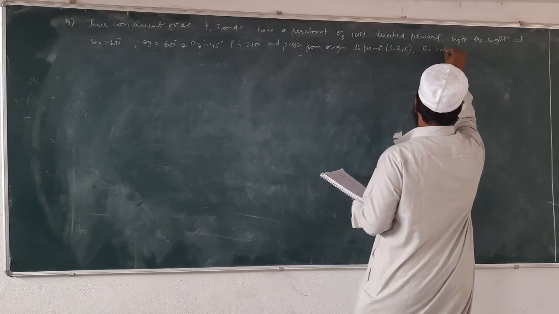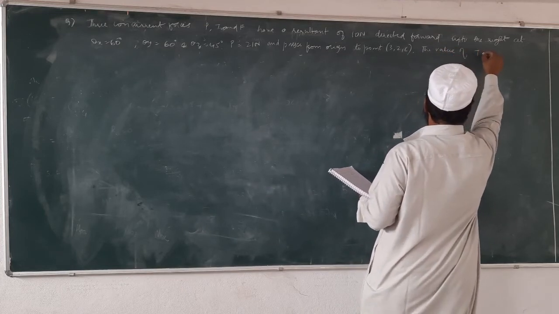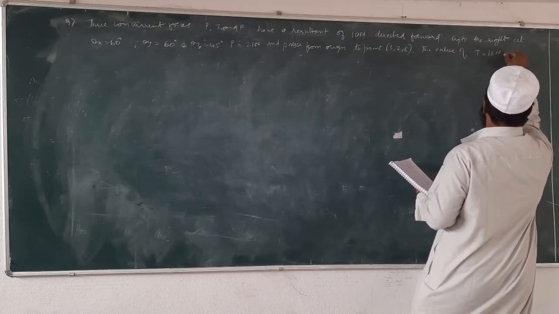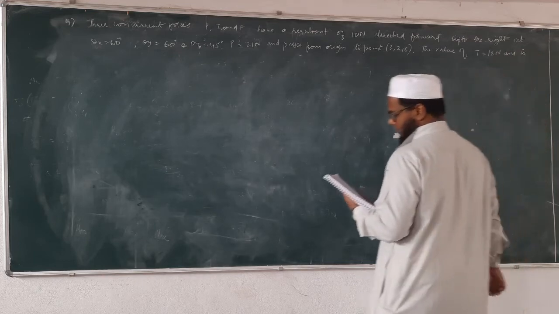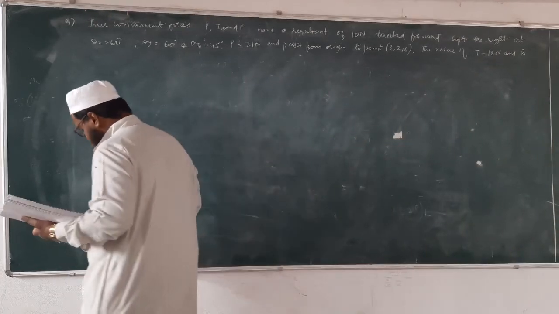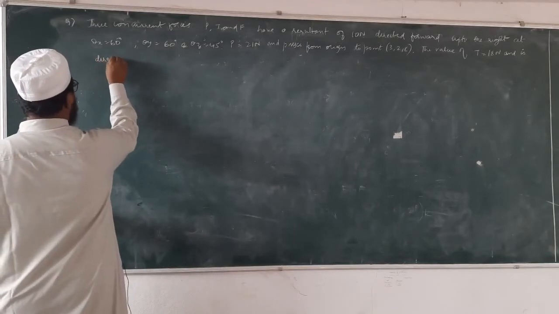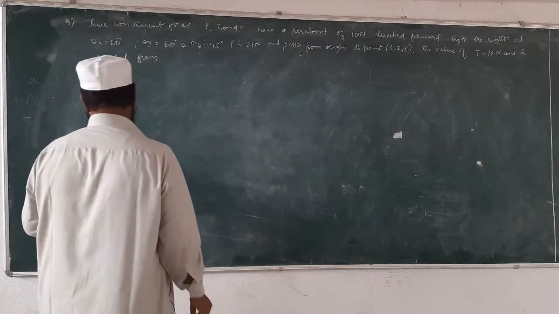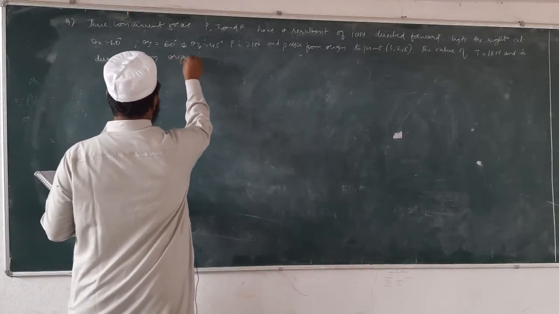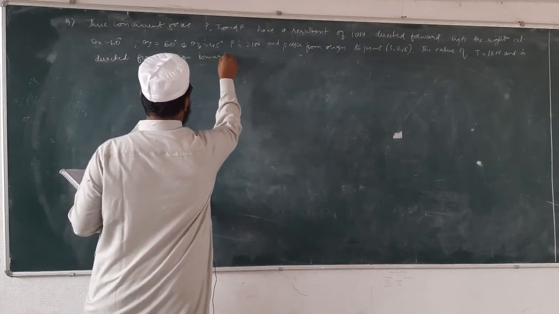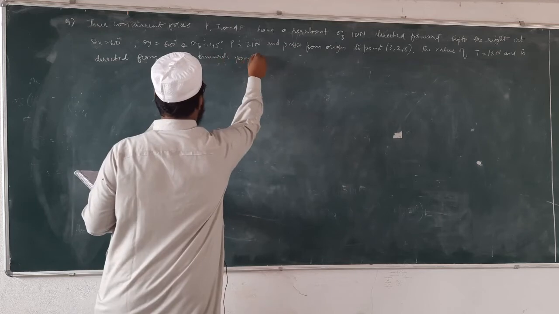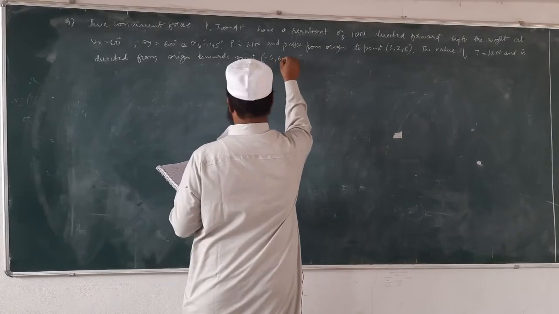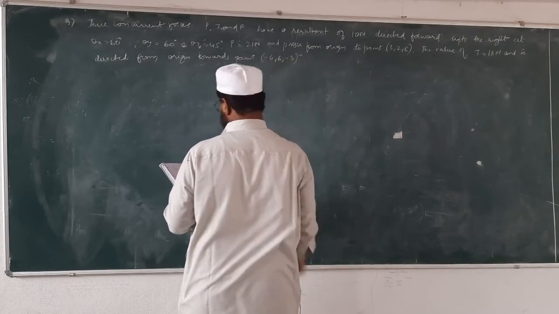The value of T is equal to 18 newtons and is directed from origin towards point minus 6, 6, minus 3.